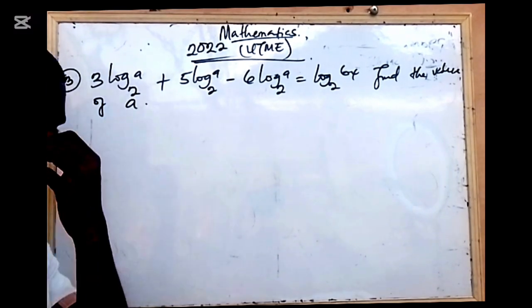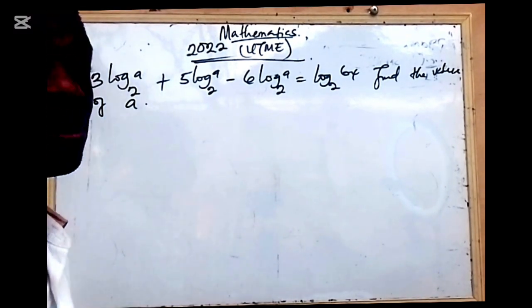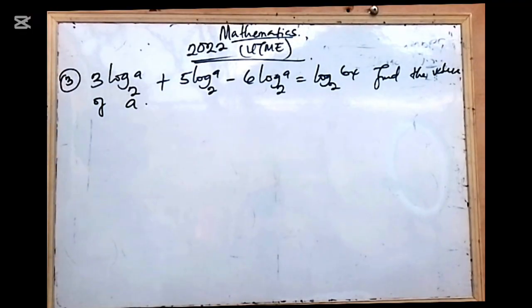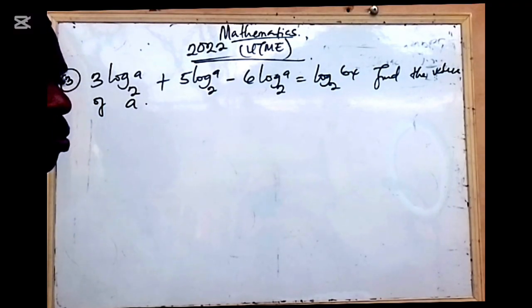Now looking at this question, they all have the same base. So we deal with base and power in logarithm just as we do in indices. The two of them are interwoven.